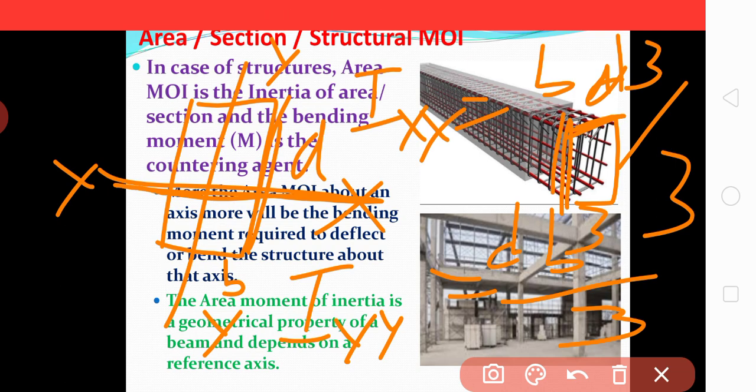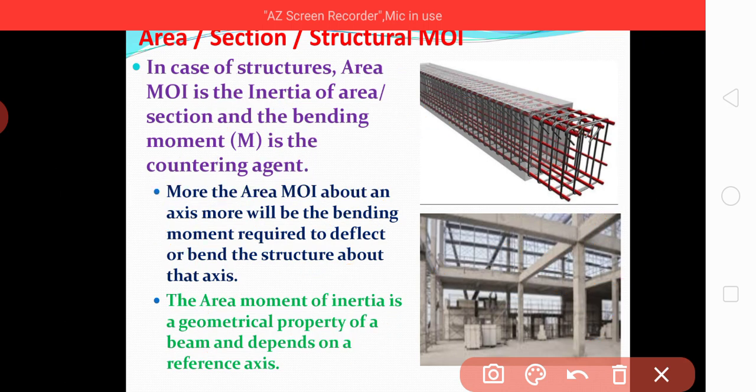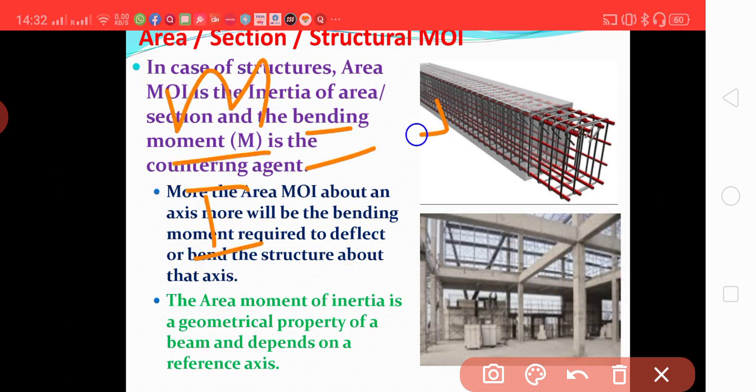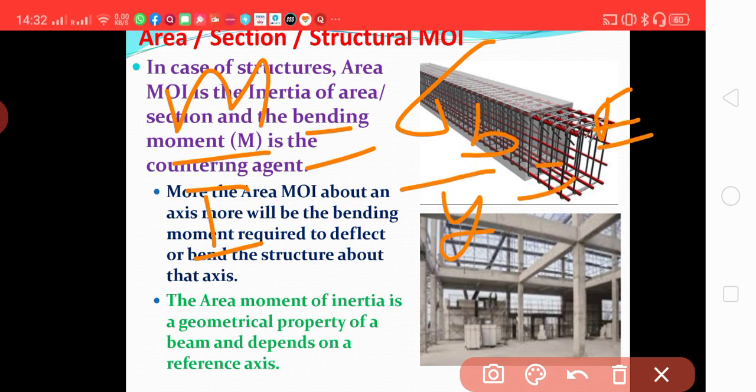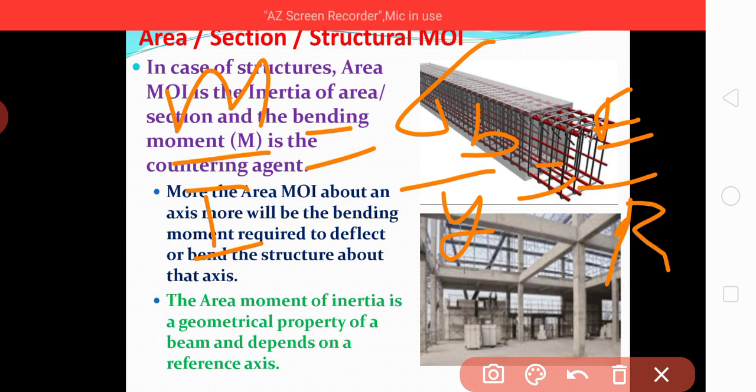If Ixx, this is the vertical. You will come to know when we do the strength of materials part of this subject, that is unit 4, that for bending moment there is an equation M upon I equal to sigma bending upon y equal to E upon R. So I is the moment of inertia.